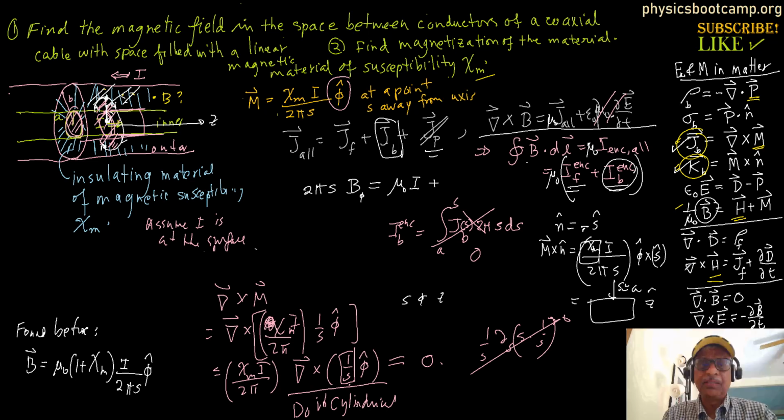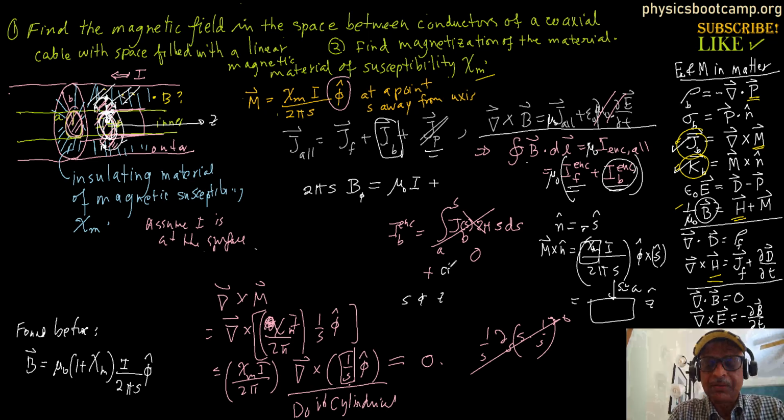So there is a current at the surface, but this is a surface current, so I need to multiply it by the circumference times the surface current.